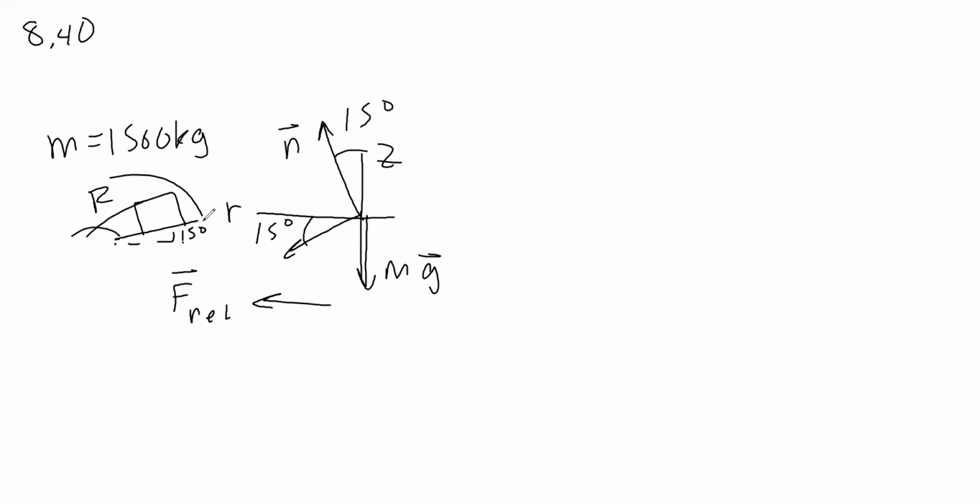And this friction force is F sub S max, because it's the maximum speed with which we can take this curve. Any faster, and the road cannot provide sufficient static friction to keep the car from sliding upwards. So that's the free body diagram.